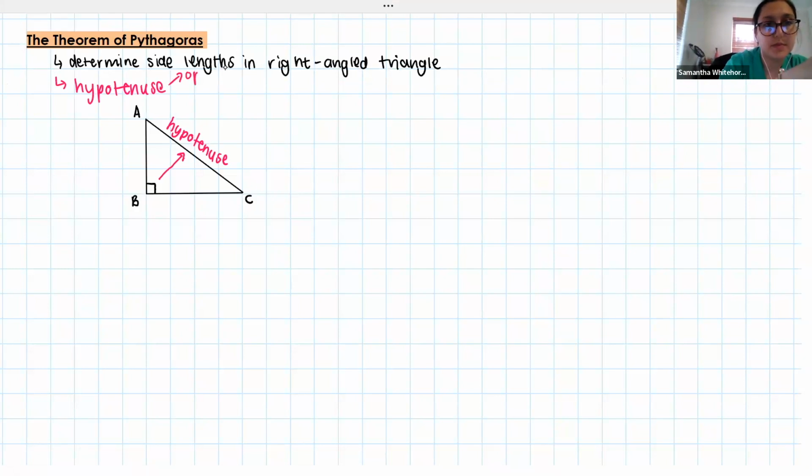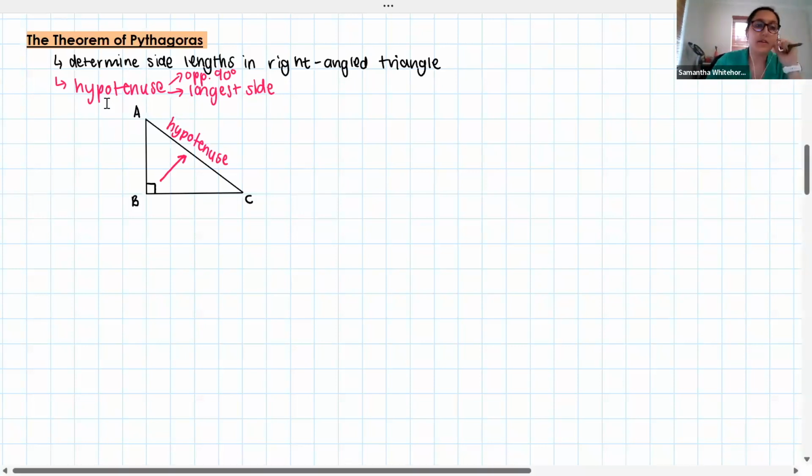So it's opposite our right angle, and it is always the longest side in your triangle. So those are two important facts to know about your hypotenuse. Hypotenuse is quite literally just a name we give to the side. The hypotenuse is always opposite the 90-degree angle, and it is the longest side of my triangle.